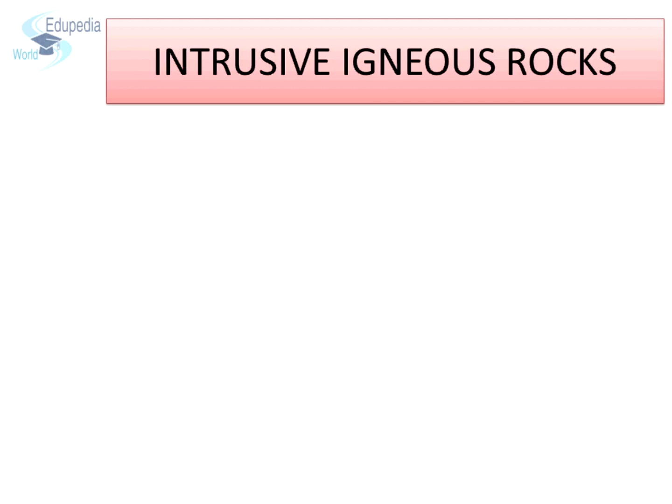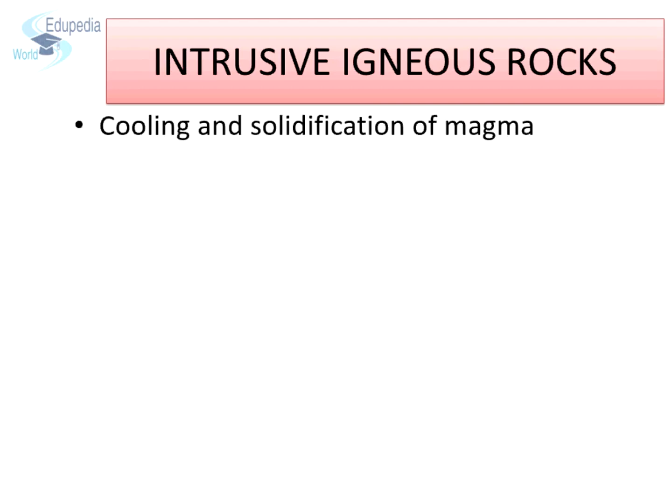Intrusive igneous rocks. Not all igneous rocks form due to the cooling of lava on the Earth's surface. As one would imagine, this lava must find its way to the Earth's surface after pushing and breaking through several layers of hard rock.